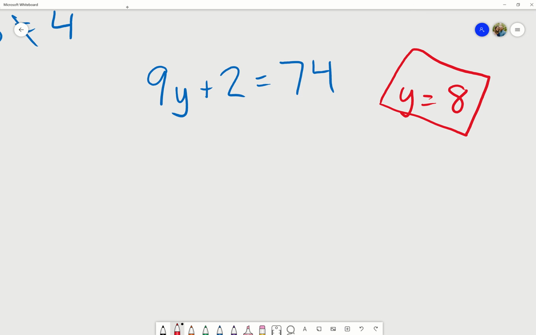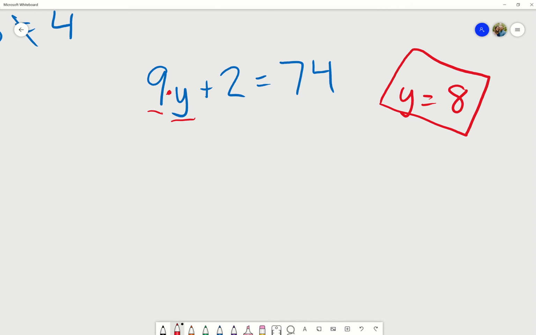And remember, when we have a number right next to a letter, what's that number called? Who remembers? That was from yesterday. Yes, it's a coefficient. And the coefficient gets multiplied by the variable.